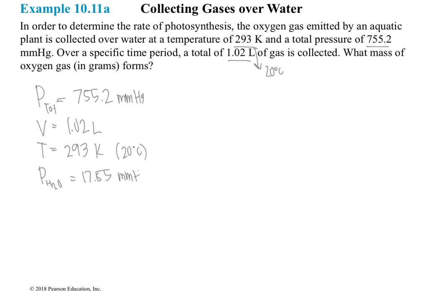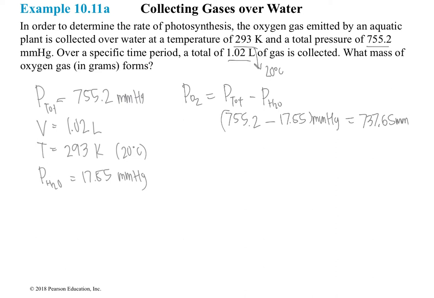millimeters of mercury. So if I want to know the pressure of oxygen, that's going to be the total pressure minus the pressure of the water. So that'll be 755.2 minus 17.55 millimeters of mercury, which gives me 737.65 millimeters of mercury.